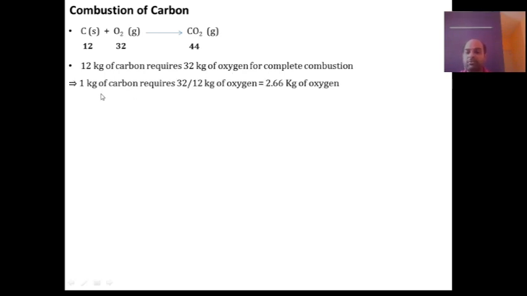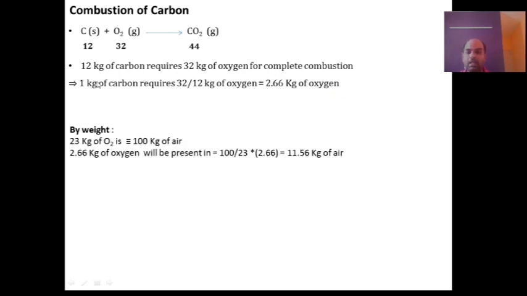So from that you can calculate how much oxygen is required for 1 kilogram of carbon. That's 2.66 kilograms of oxygen for every kilogram. So 2.66 kilograms of oxygen is required. 23 kilograms of oxygen is in 100 kilograms of air.